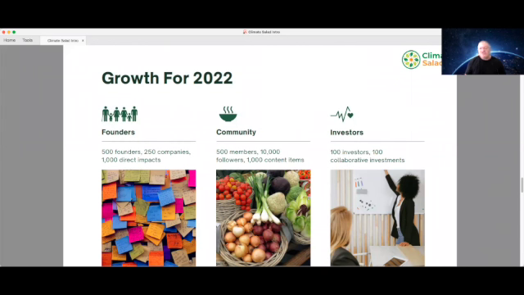From a community perspective, we want to more than double the number of members, 5x the number of followers, and continue to create content items. And from an investment perspective, we want to bring in not only the Australian investors, but really global investors that are investing in this segment, right?